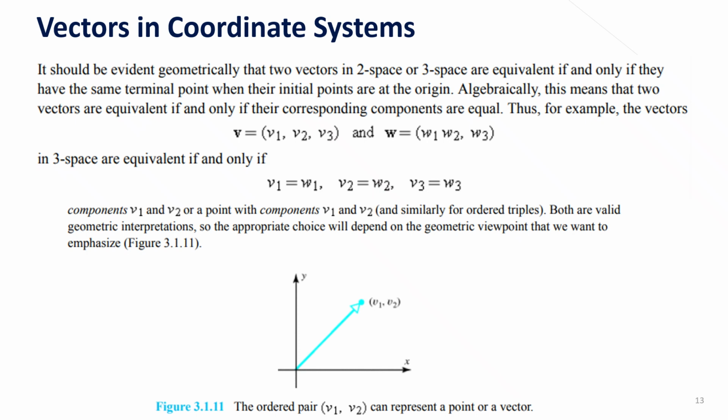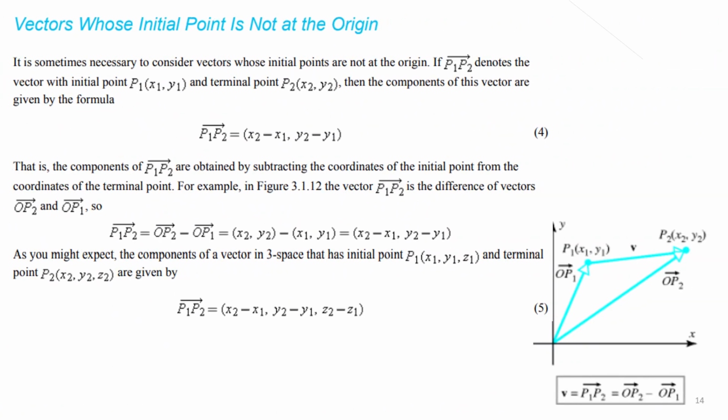Yeah, it's still the same as the previous one. This is still how to represent vectors in two-dimensional and three-dimensional space. Now, what about vectors whose initial point is not at the origin, or 0, 0? It's easier to consider a vector where the initial point is not at the origin. Let's say this vector P1P2. This is another way to represent vectors.